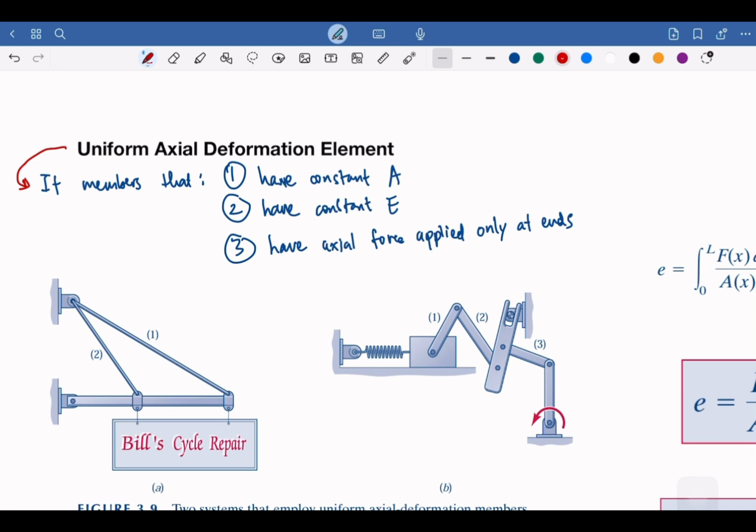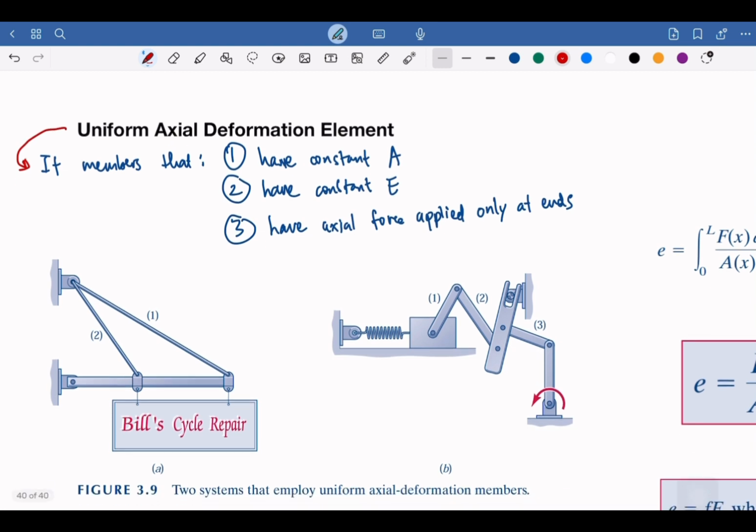So if we see, this could be loaded only at the ends, right? And then we could see that there will be some deformations. And the second picture also, we see the spring and a slider block that is going to take some forces, then this is also a case where members are axial deformation elements.